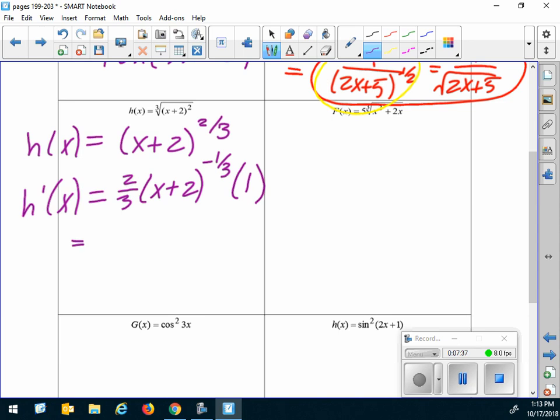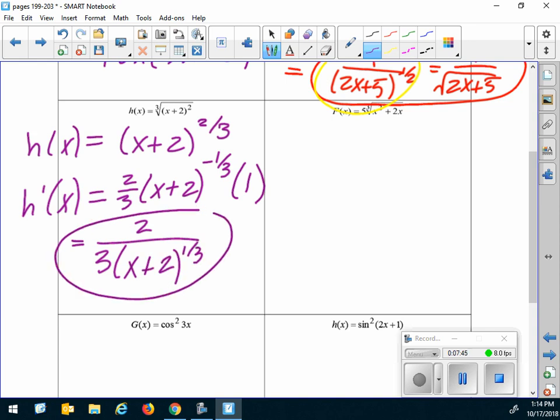So 2 over 3 times x plus 2 to the 1/3. Questions there? Even putting the root symbol? Can you? Yes. Do you have to? No.